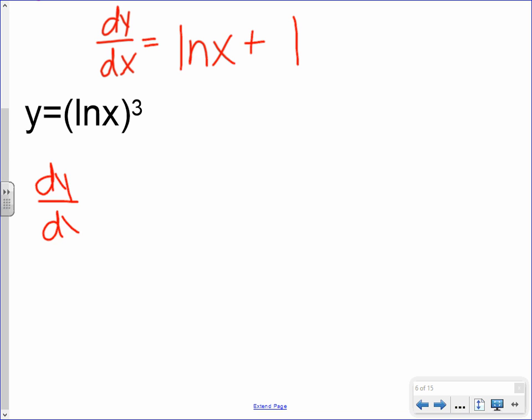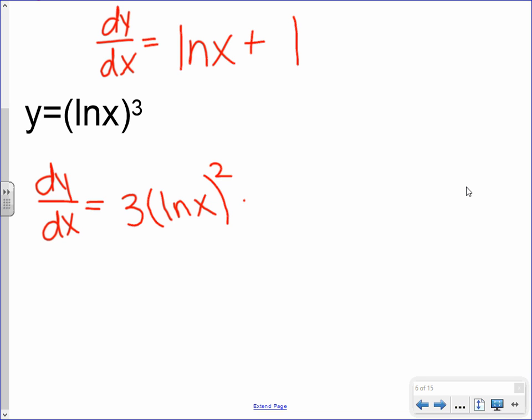Which rule do we need to apply to this derivative? The chain rule. What is the outside function? That f of x cubed, right? We have something cubed. That's our outside function. So to find this derivative, we need to apply the power rule first, and then we multiply by what?